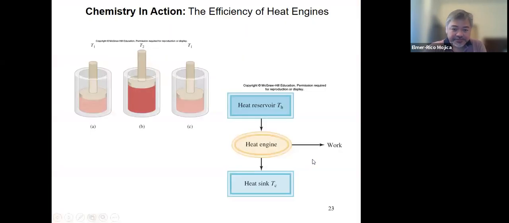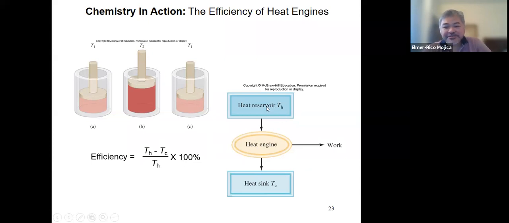Now, how do we look at this in terms of action? How do we utilize this so-called Gibbs free energy? It has something to do with, I don't know if you're familiar with this one, a refrigerator. The question I would ask you: do you think a refrigerator is a good engine? Because if you look at the efficiency, this is the formula that you need.